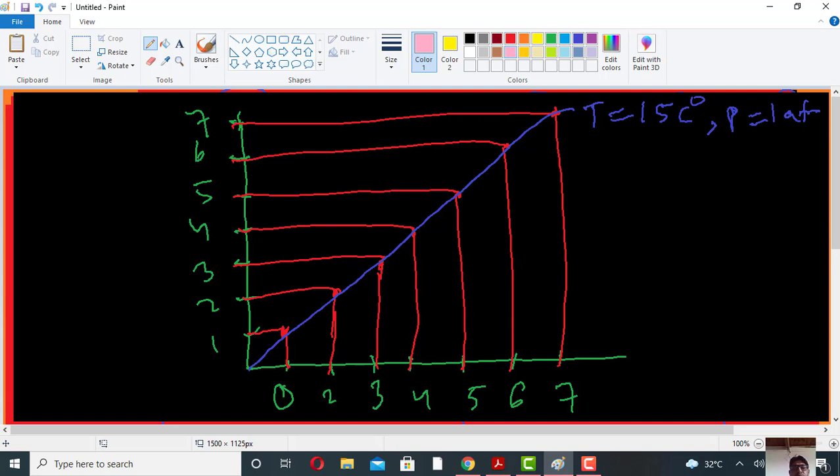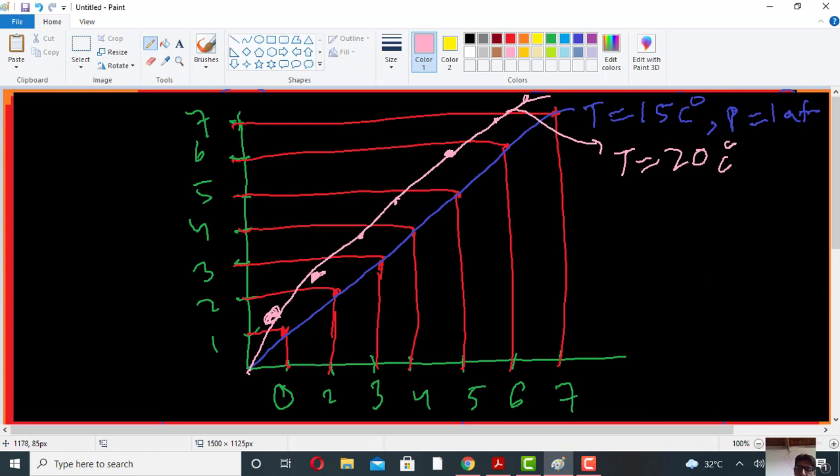So the concentration of sulfur dioxide in the gas phase was increased at 20 degrees C. So it comes out to this point, at 20 degrees C and 1 atm pressure, and the concentration of sulfur dioxide in the gas phase was increased.